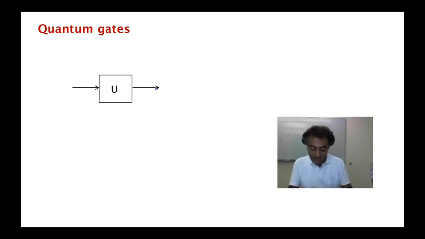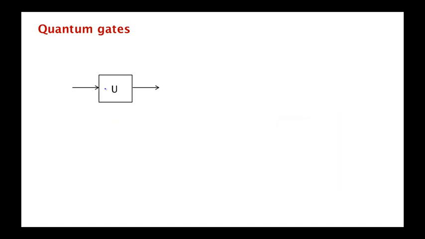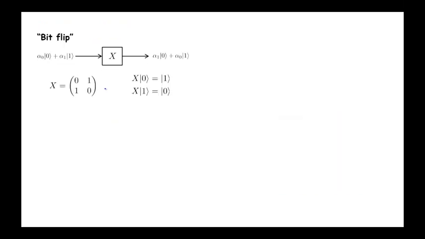Later in the course, we'll think about quantum circuits where we have many wires carrying many qubits, and then we'll have gates which act on one or two qubits or multiple qubits, and the qubits get transformed along the way. Okay, but for now, we are just thinking about single qubits and how they get transformed as quantum gates are applied to them.